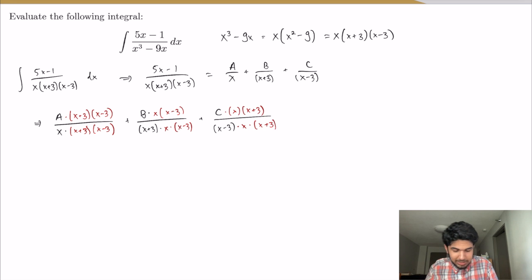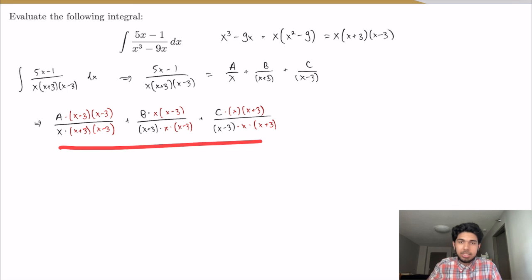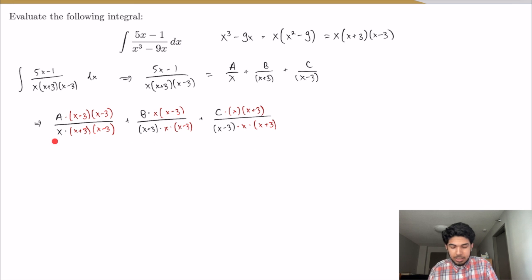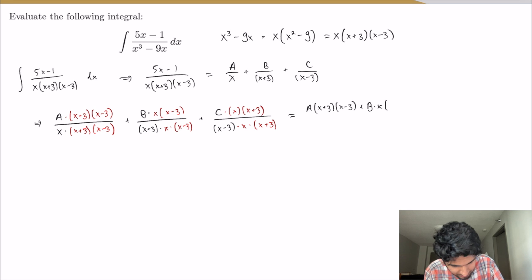So now you can see that we can combine these fractions together into one because the denominators are the same all across, right? This combines into one fraction. So why don't we do that? This becomes a times (x + 3) times (x - 3) plus bx times (x - 3) plus cx times (x + 3), all of this over x times (x - 3) times (x + 3).